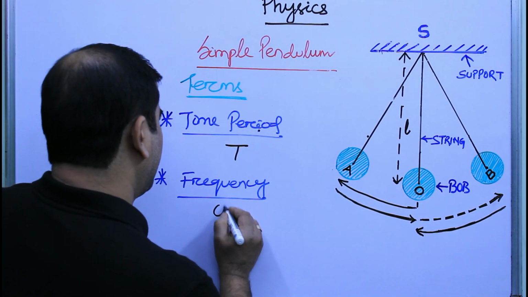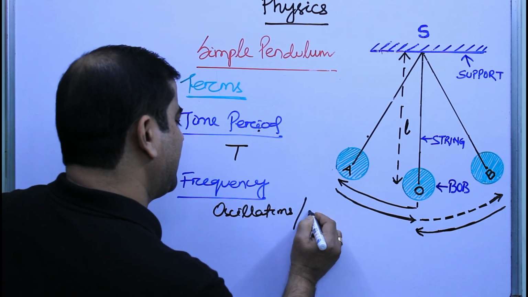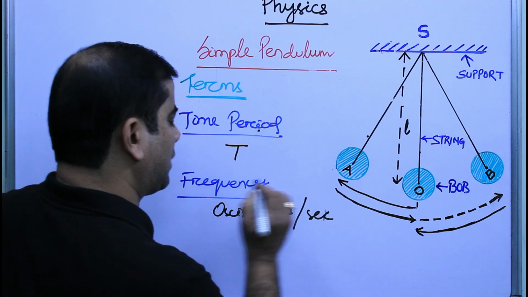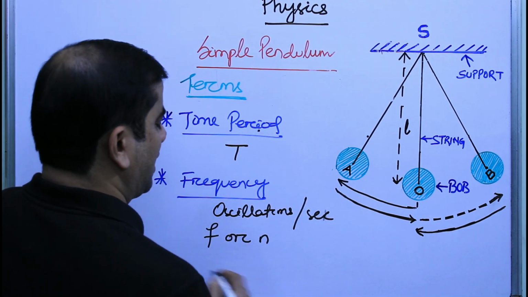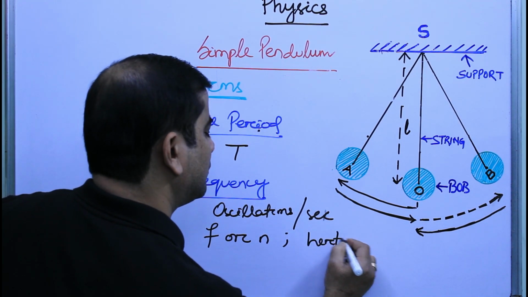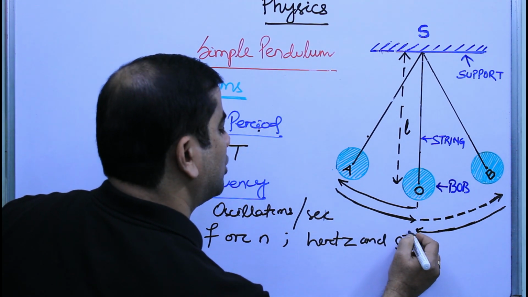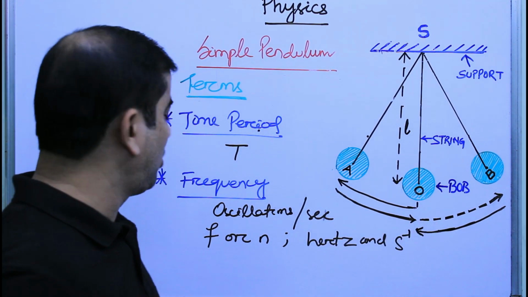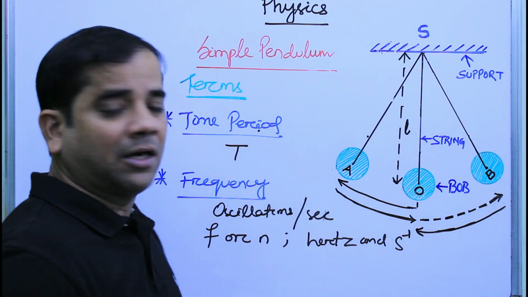So this is nothing but oscillations per second. It is denoted by f or n, and the units are hertz, or second to the power minus 1, or per second. So oscillations per second is the unit of frequency, that is hertz.